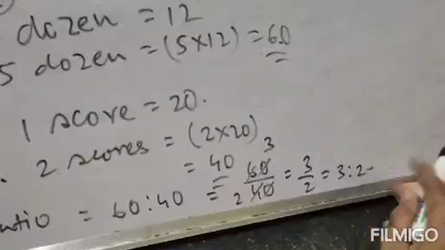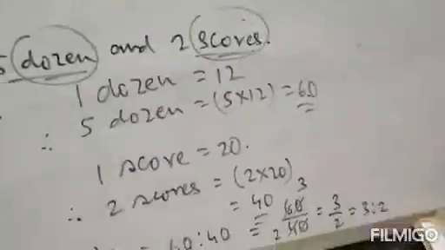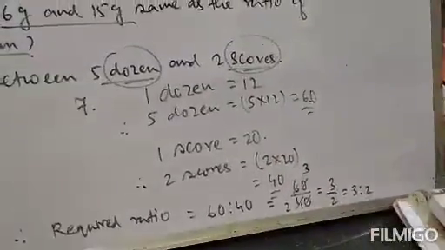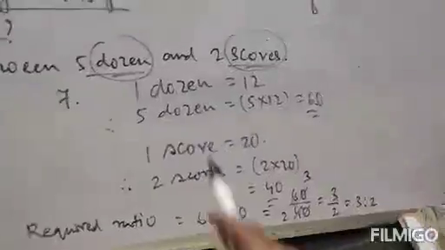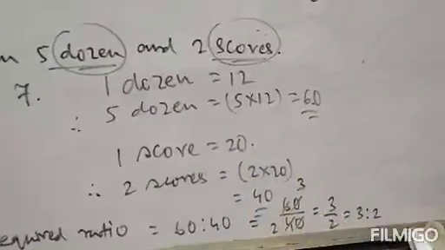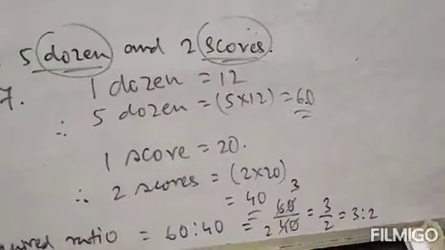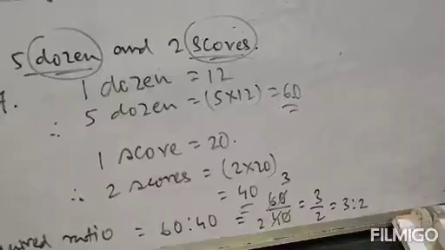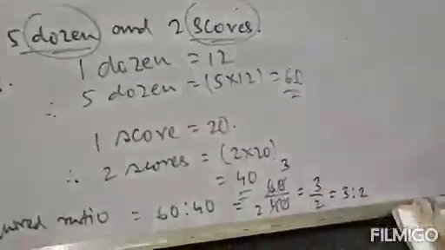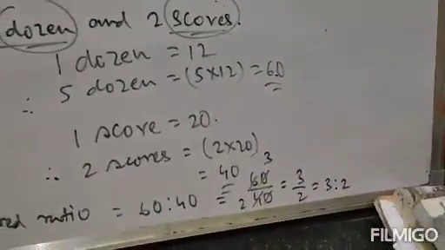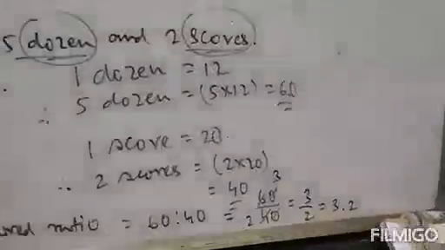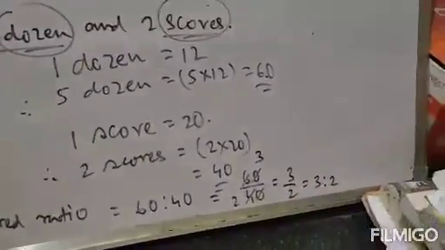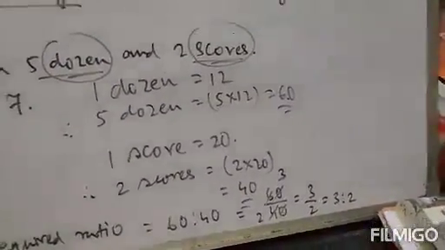Therefore your ratio will be 3:2. That means the required ratio will be 3:2, for 5 dozen means 60 and 2 scores means 2 into 20, that is 40. So the answer will be 3:2.